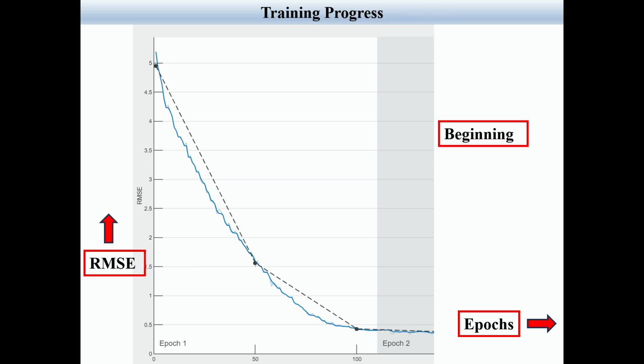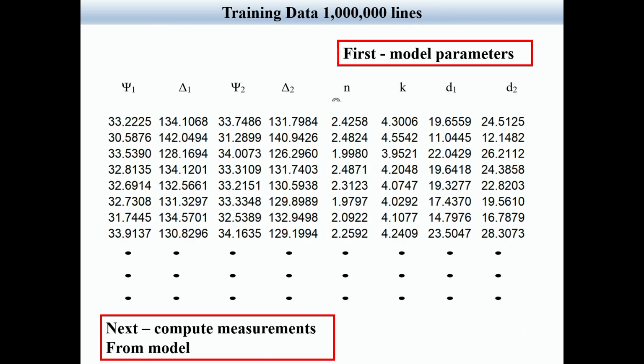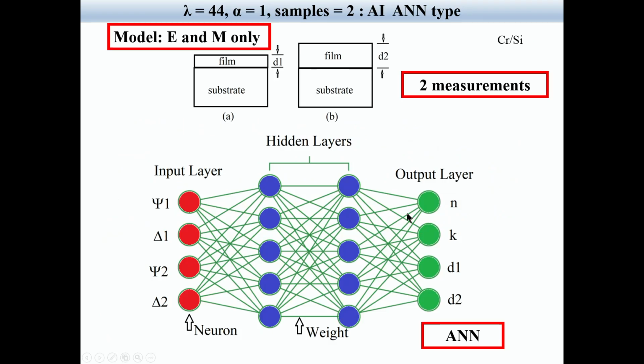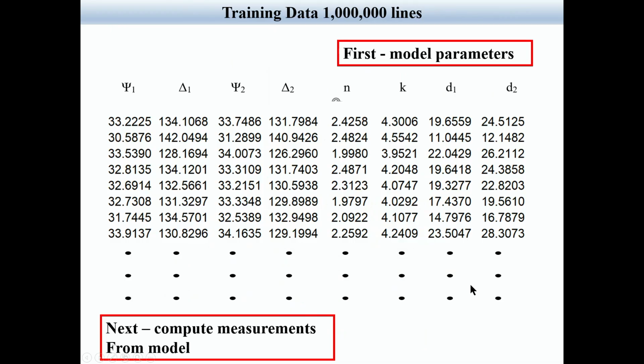Then you apply that data set to the network, and maybe I should go back up and look at that again. We apply this data now by putting the calculated values of inputs from the left side of the table onto the network. The network does the calculation and gives you values of N, K, D1, D2. Then you look at it and see if it agrees with what it should be. It should be what's in this table.